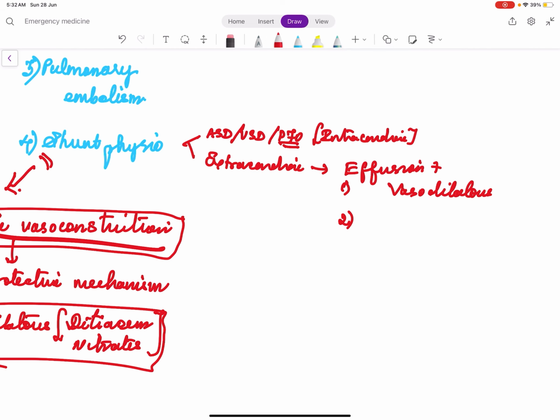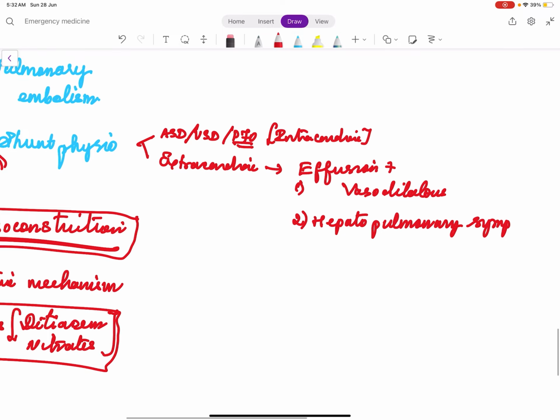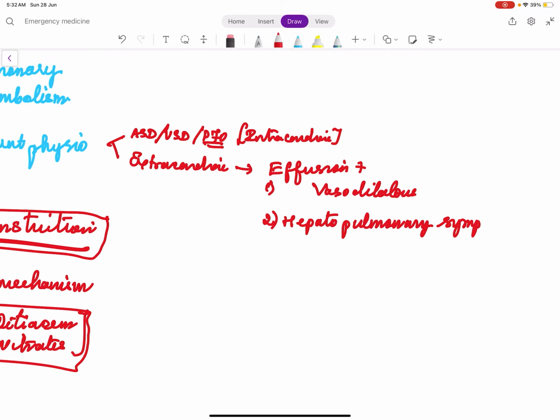Another place where the shunt occurs is hepatopulmonary syndrome. The liver is a place which detoxifies many toxins. But in liver cirrhosis, this detoxification does not occur and more nitric oxide enters the blood as a result of this failed detoxification. Nitric oxide, as you know, is a vasodilator, as we discussed with nitrates.